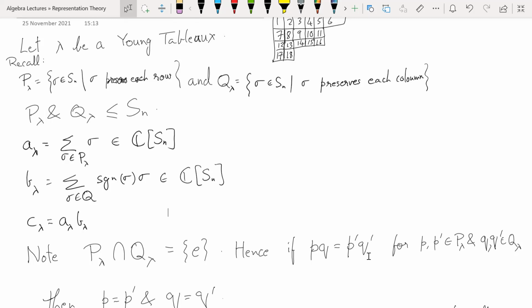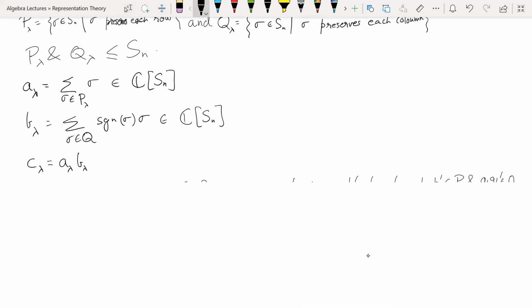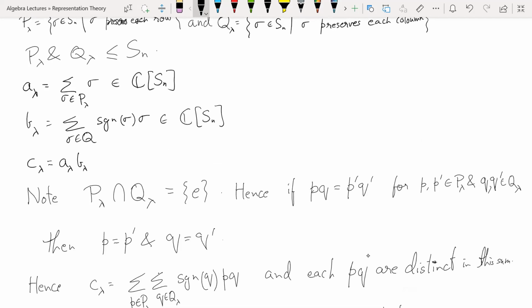So P prime inverse P is equal to Q prime Q inverse, which belongs to P lambda intersection Q lambda, which is identity. So that tells you that P prime inverse P is identity, which is the same as saying P is the same as P prime. And similarly, Q is Q prime.